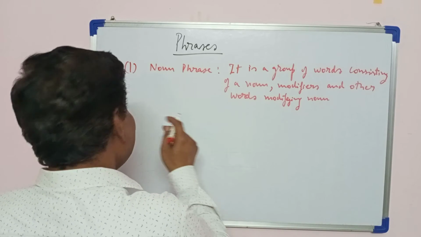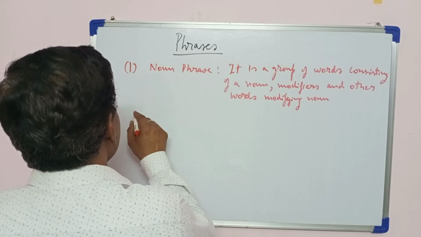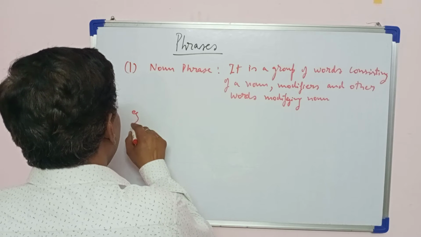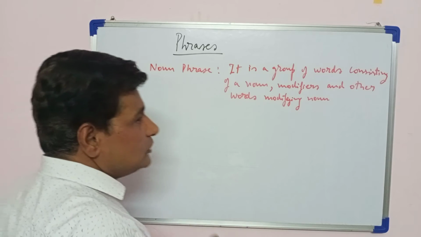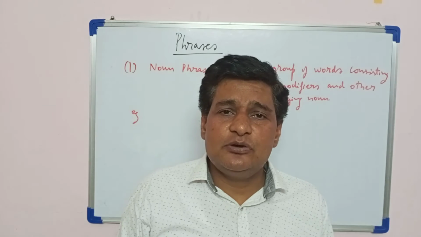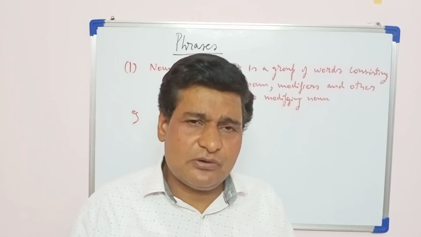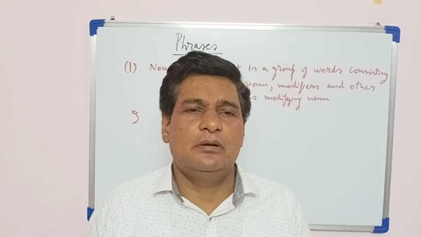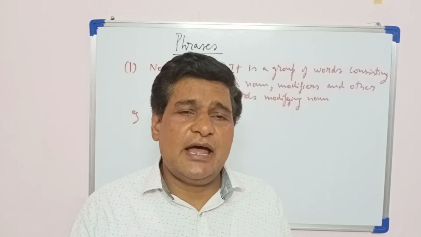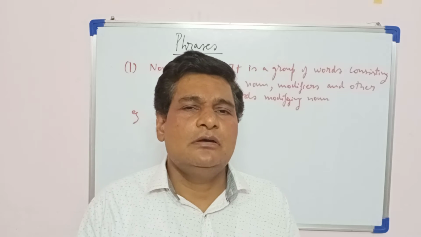So let's understand the examples. And you know that a noun can be used as a subject and it can be used as an object also. So let's understand both its usage, as a subject and as an object.